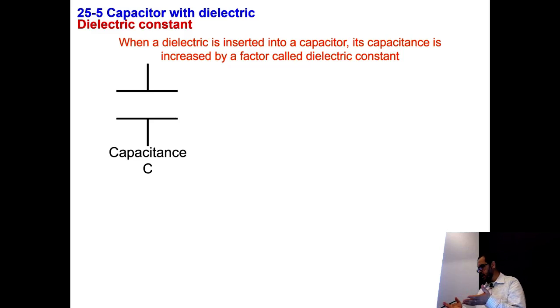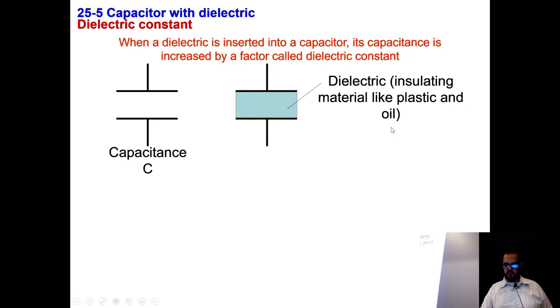However, in reality, the capacitors that we use usually have a dielectric material. They have an insulating material inserted between the capacitor plates. So usually we insert what we call a dielectric, which is an insulating material, between the two plates of the capacitor. It is usually a plastic, but it can be other things like oil and so on.